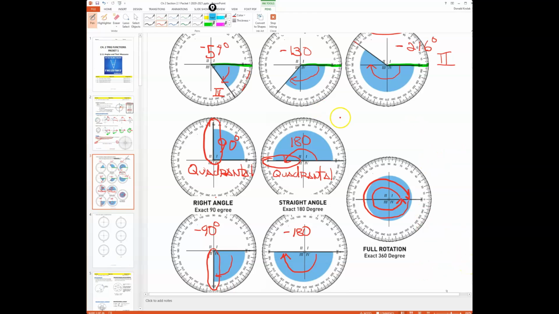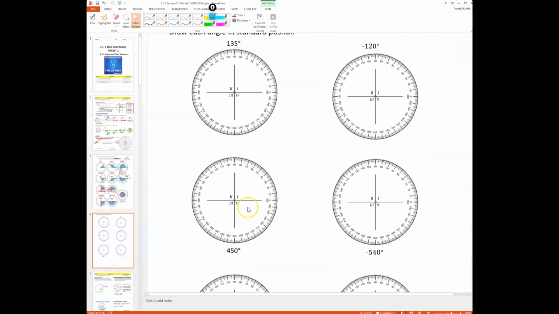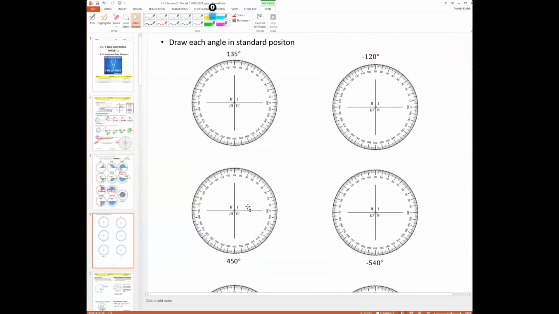So drawing angles is pretty simple. Most angles you've dealt with up to this point have probably been between 0 and 180, but we deal with angles that are greater than that, and oftentimes greater than 360. To draw an angle in standard position, you're always going to start on the positive x-axis.